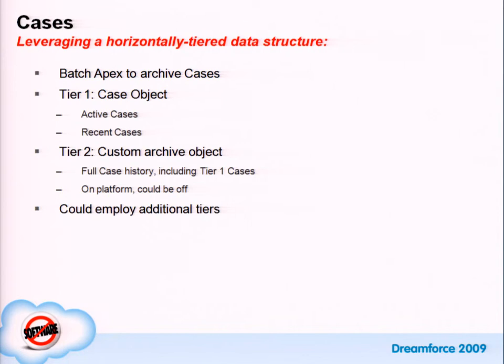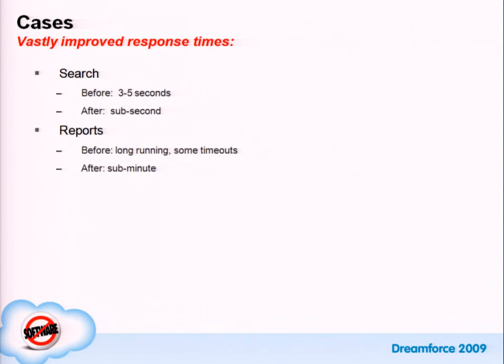And while in this case we only leveraged 2 tiers, if you had additional tiers, you could create those as well. So you could have new active cases, old cases, last year's cases, 5 years ago's cases. Leverage the tiering approach to push data into multiple objects, leveraging Batch Apex.